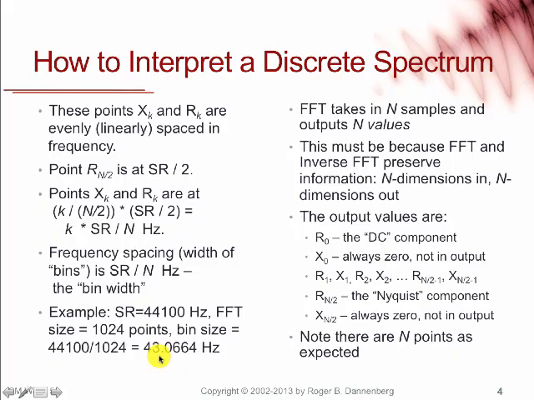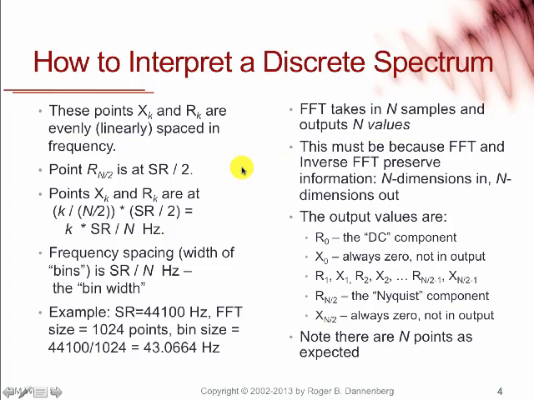Another way to look at this is, if I wanted to know what is the frequency content of this spectrum at 430, that would be 10 times the frequency spacing, so I would look at coefficient number 10. Or I'd look at the real coefficient and the imaginary coefficient at index 10.